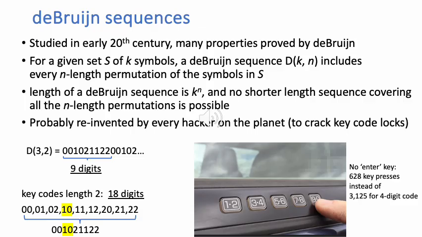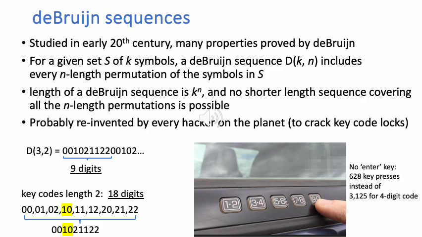I actually had a car like this where it's got 5 keys, and you input a sequence of 4 or maybe 5 digits, or four key presses actually, to unlock the car. And there is no enter key, so if you just keep pressing keys, eventually you may reach the combination that the car is looking for.